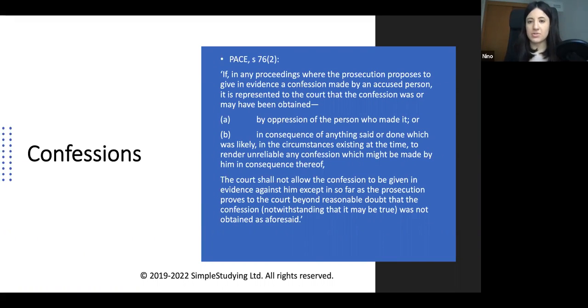This is when, in any proceedings where the prosecution proposes to give in evidence a confession made by an accused person, it is represented to the court that the confession was or may have been obtained by oppression of the person who made it, or in consequence of anything said or done which was likely, in the circumstances existing at the time, to render unreliable any confession which might be made by him in consequence thereof. So in this case, the court shall not allow the confession to be given.